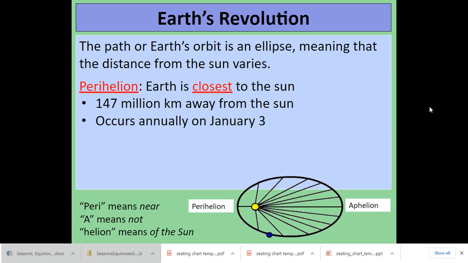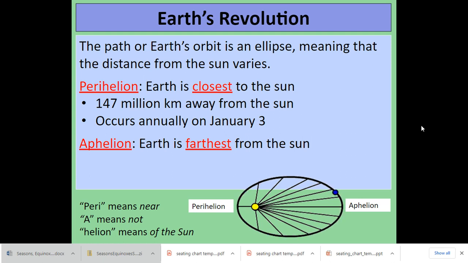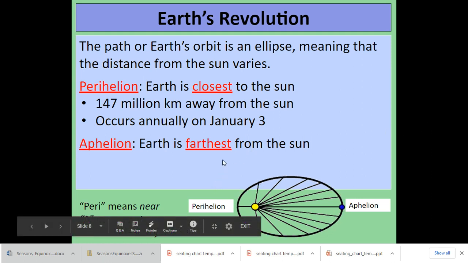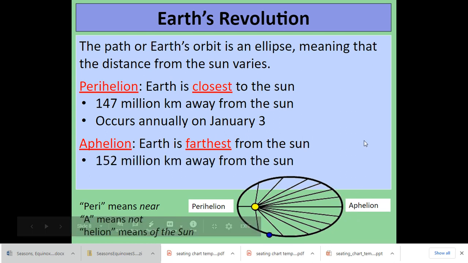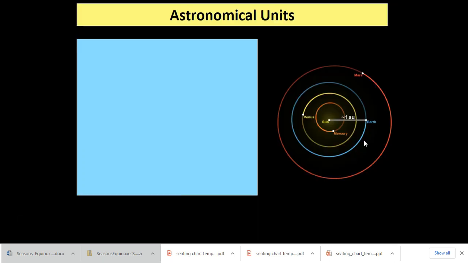It occurs annually on January 3rd, and when Earth is farthest from the sun, that is known as the aphelion. You can see on the left, the perihelion is when the Earth is closest to the sun, and on the right, we have the aphelion, which is when we are the furthest from the sun. It occurs on July 4th.